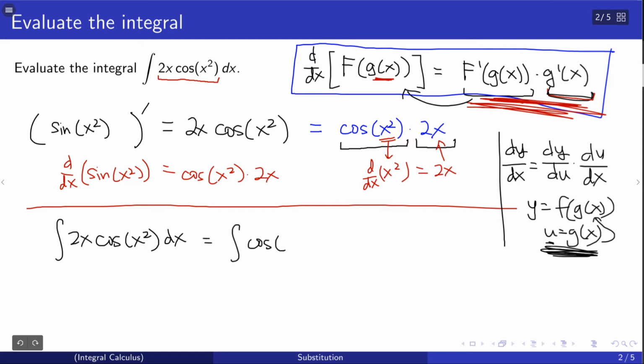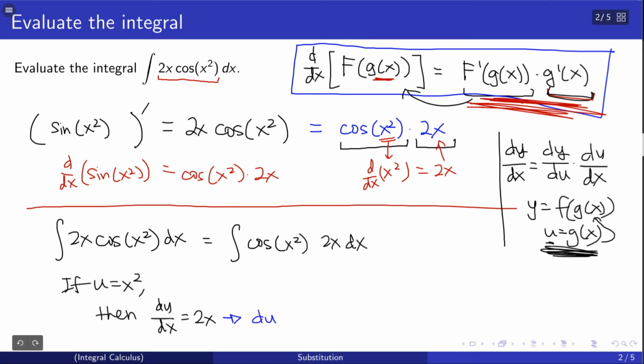So if I write it this way, cosine of x squared times 2x dx, I can now say, if u equals x squared, then du/dx is equal to 2x, or abusing my notation slightly here, I can now say du, so that's a u, that's not a y, du is equal to 2x dx.